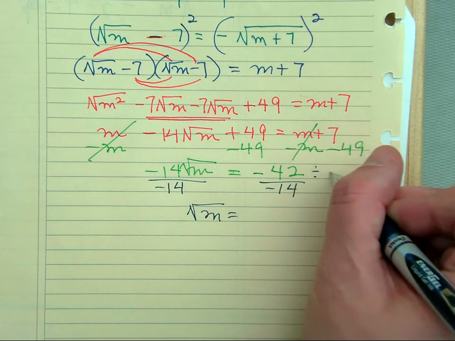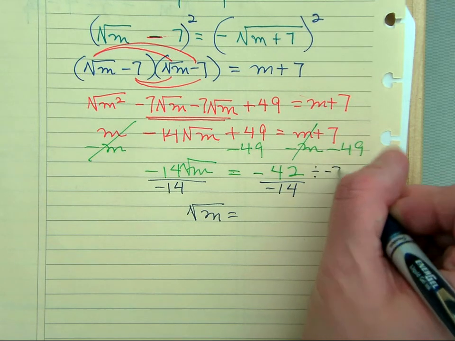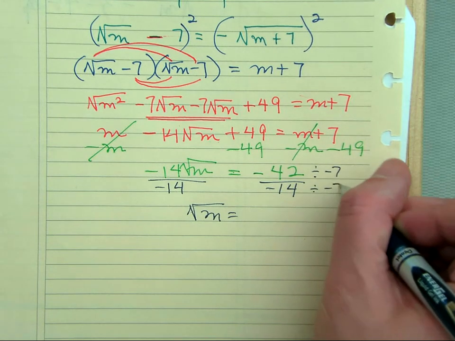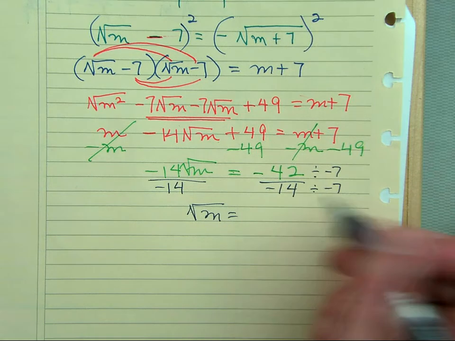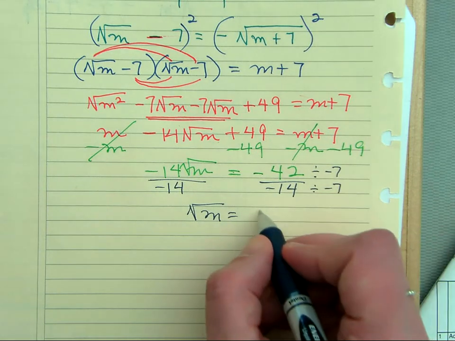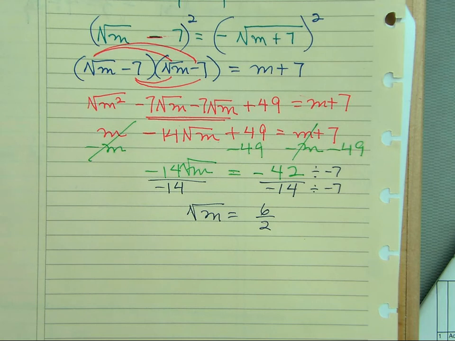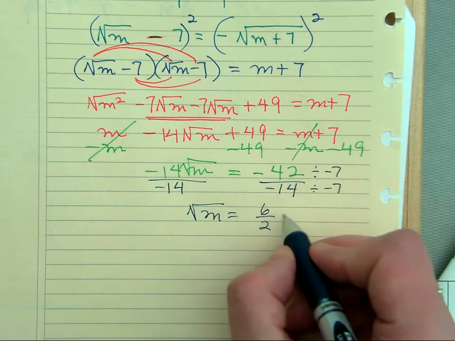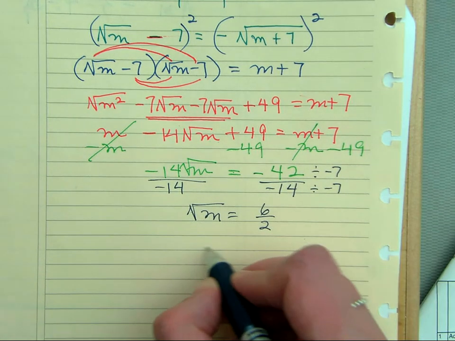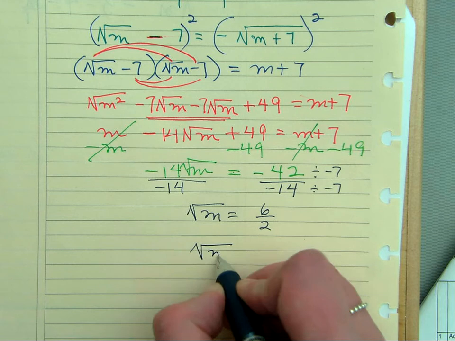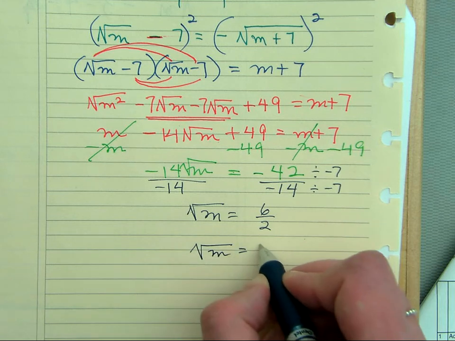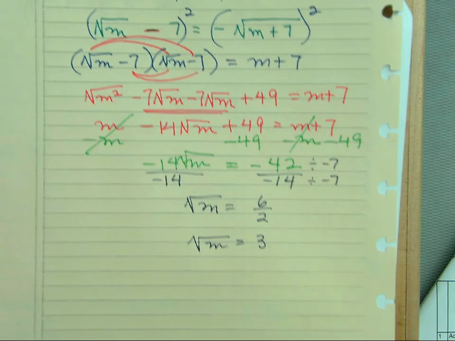Actually, 14 goes into 42, who knew? So the square root of m is equal to 3.